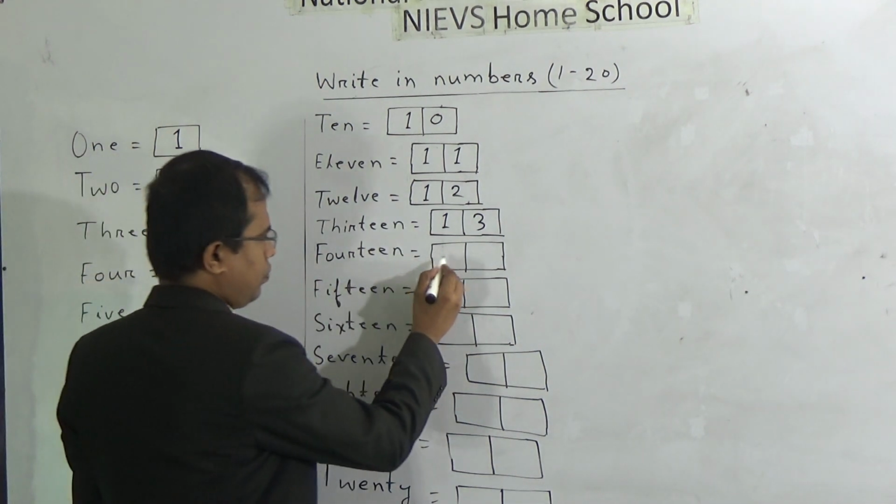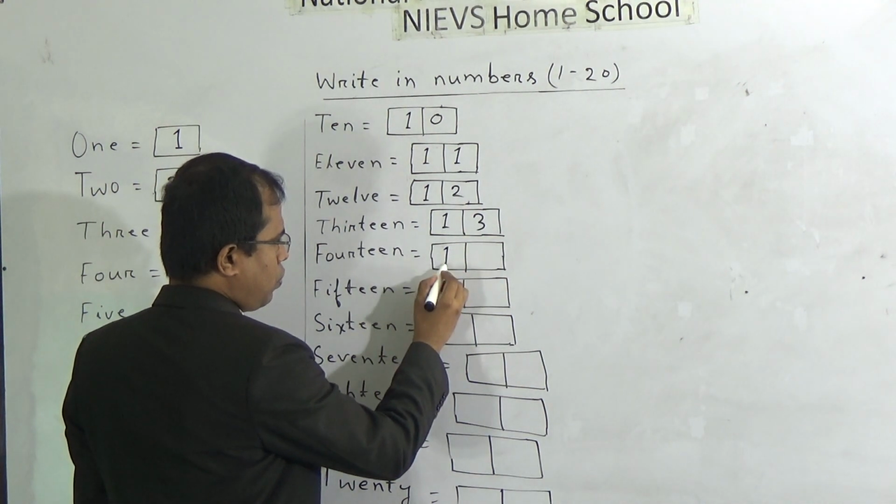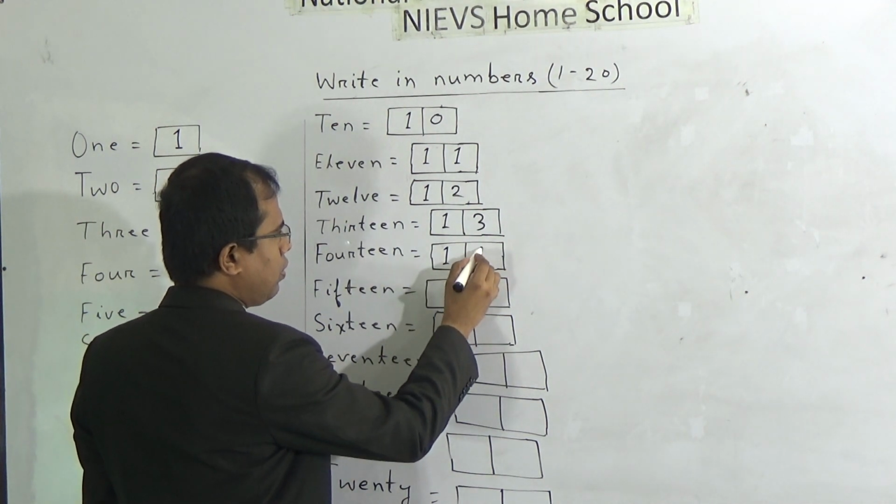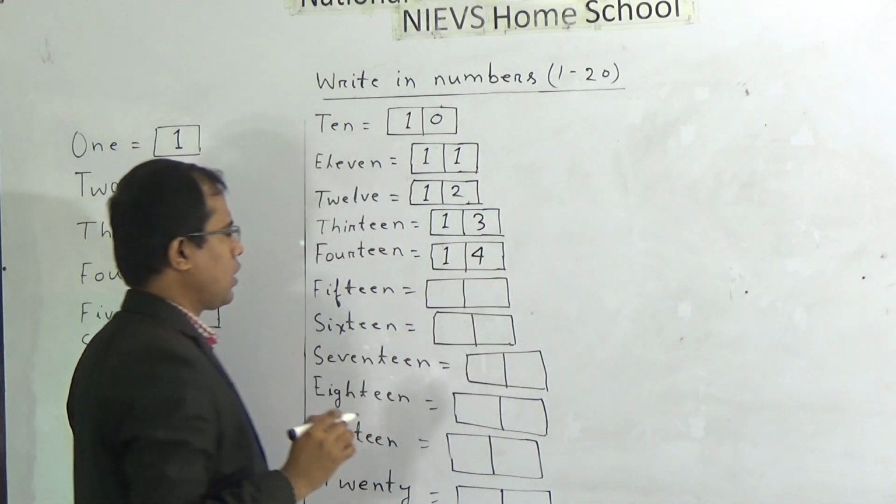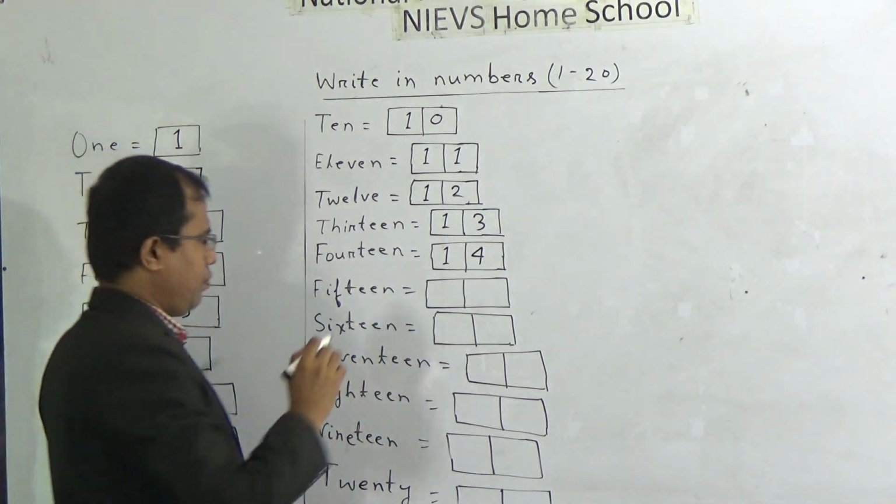14. 1 in tens place and 4 in ones place. Now 15.